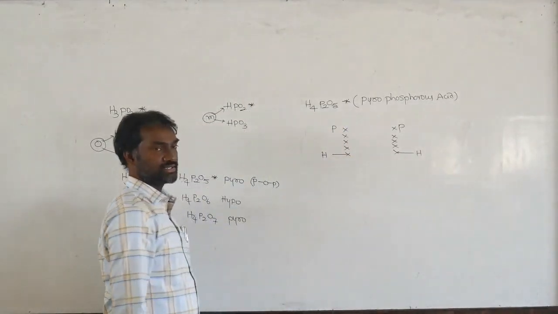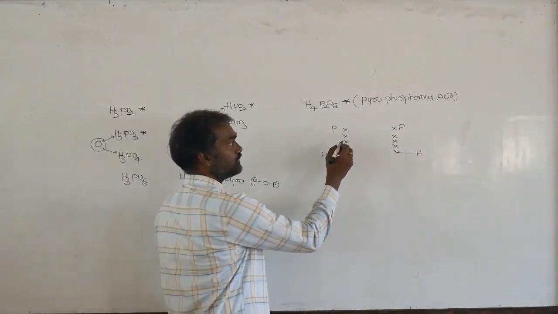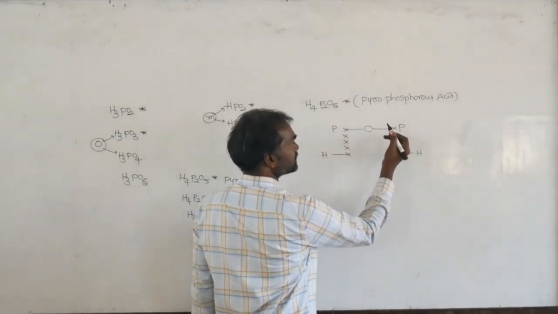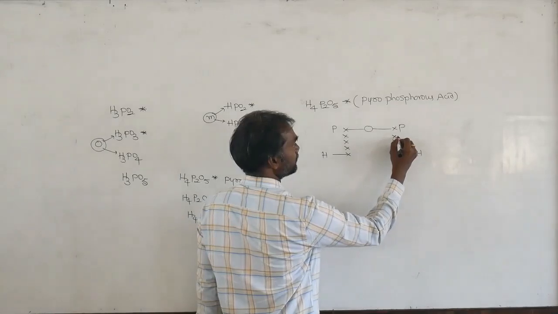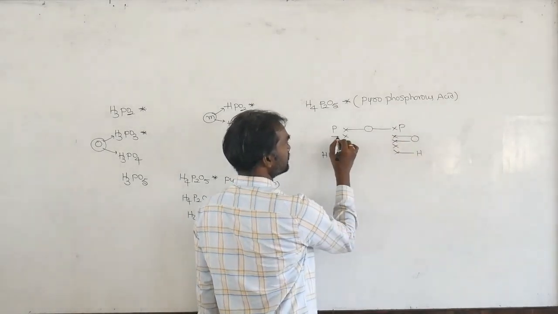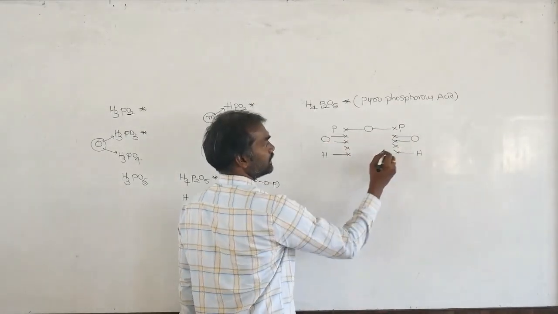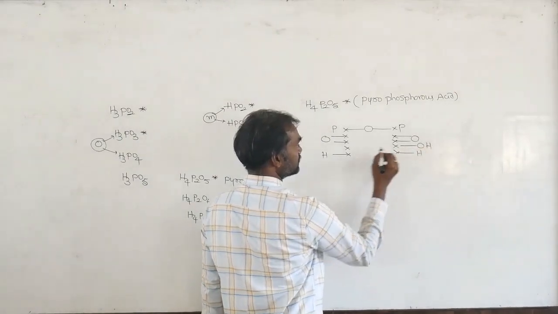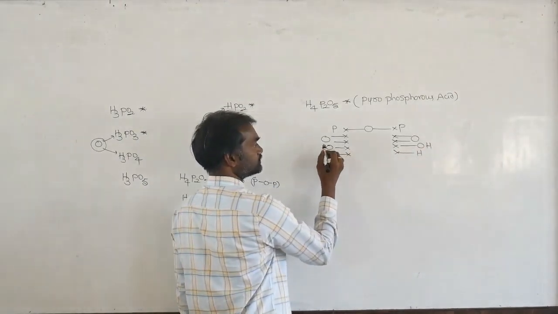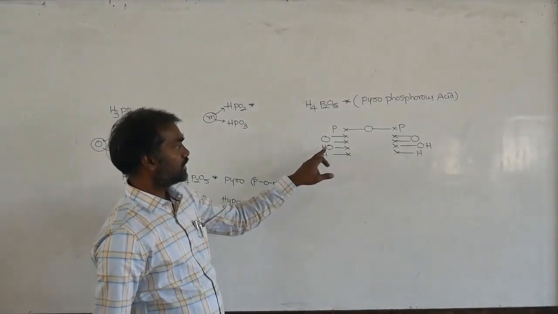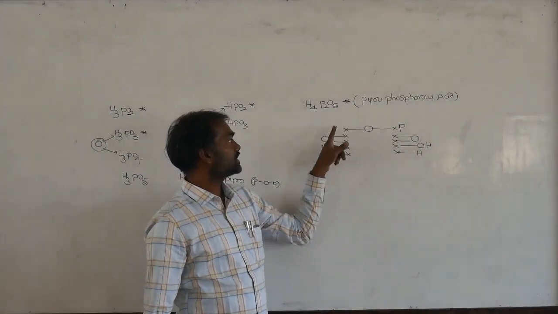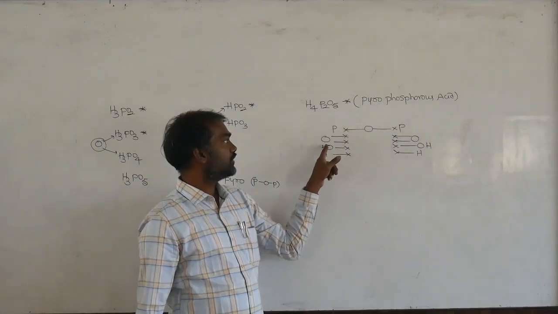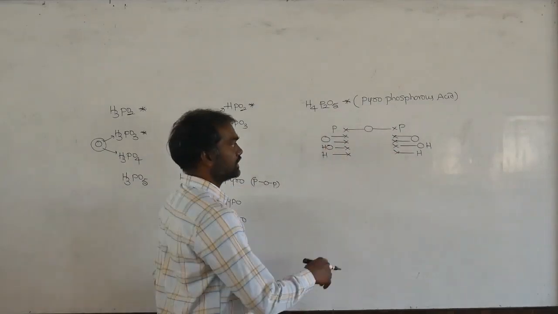Next pyro is there. Pyro means in between 2 phosphorus you write 1 oxygen. So now the remaining oxygens you add. Here 1 oxygen, here 1 oxygen. Next here OH, here OH. So that means 2 OHs. So total is 4 hydrogens, 2 phosphorus, 5 oxygens.